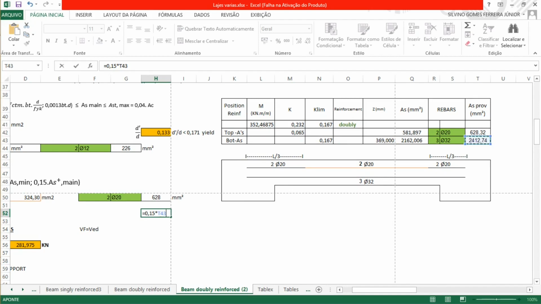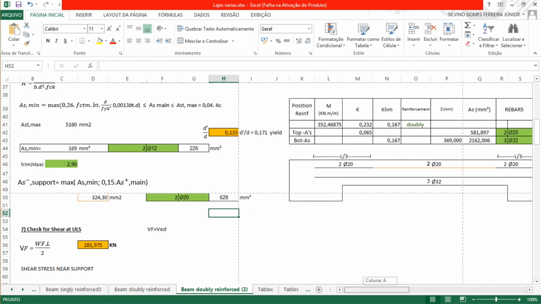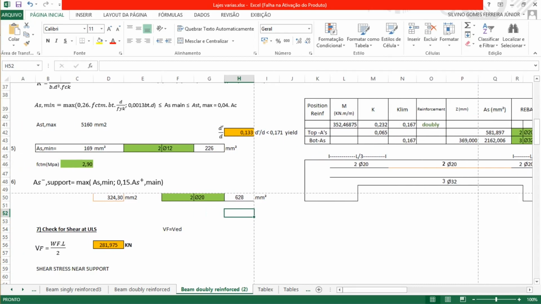This gives us 324 that we calculated. So this is why for the steel on support we are using this value, 324 square millimeters, because it's bigger than the other one, 169, from this expression.